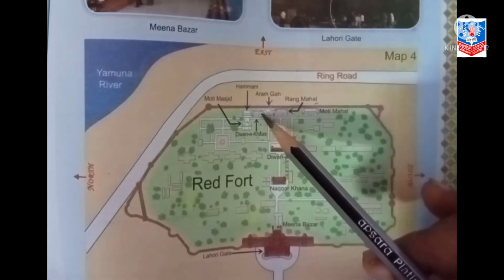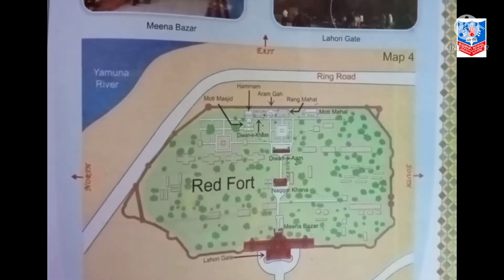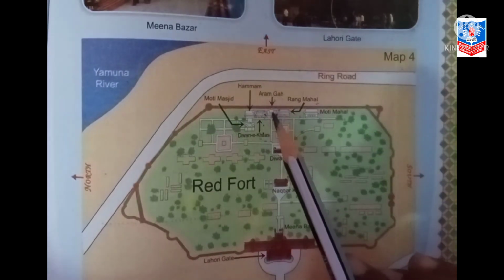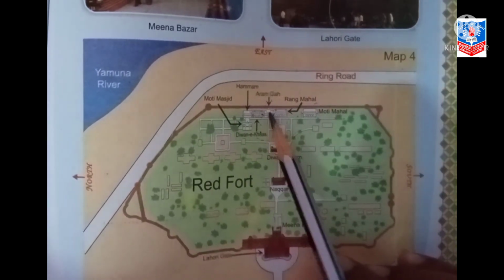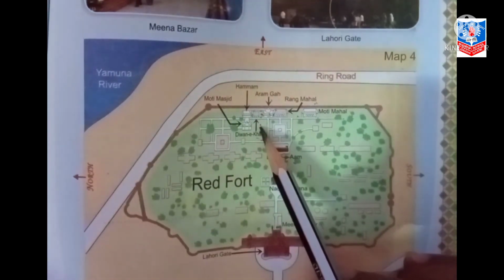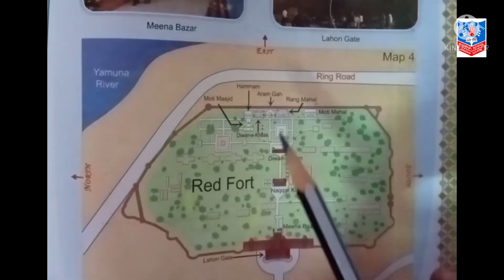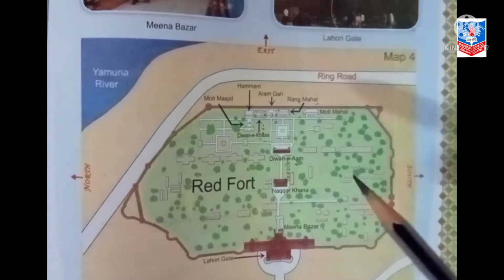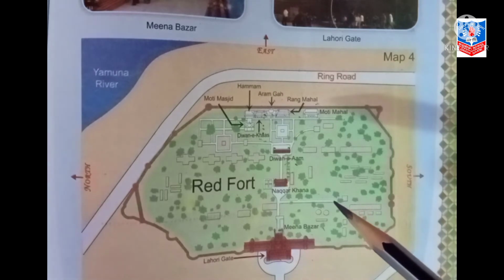Understood? Now second question. Between which two buildings is Aram Ghar? Now see, where is Aram Ghar? See, Aram Ghar is between Rang Mahal and Diwane Khas. Okay. Now our third question is, which building do you pass while going from Rang Mahal to the Hammam?